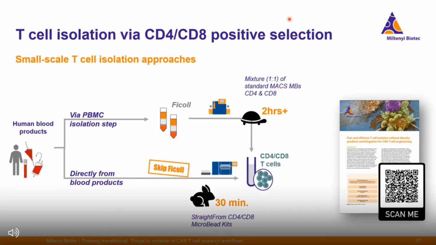And as time is money, we are using our straight from microbeads frequently, and those straight from microbeads are added directly to the blood products. And by this, you can process, for example, an entire Buffy coat within only 30 minutes. Both are positive selection approaches and thereby are translatable to a large scale manufacturing at the Prodigy, and they are 100% comparable.